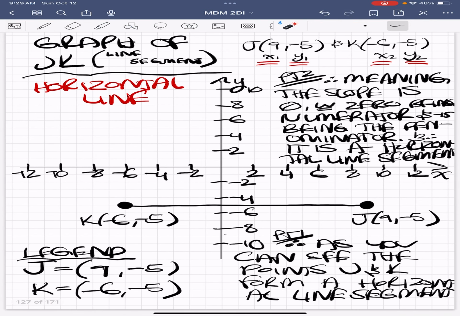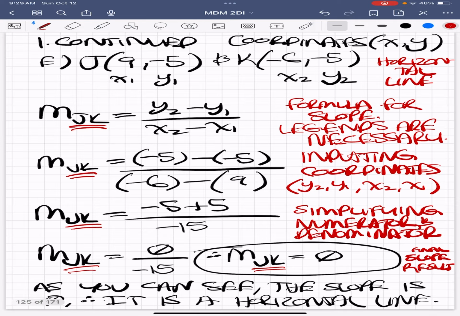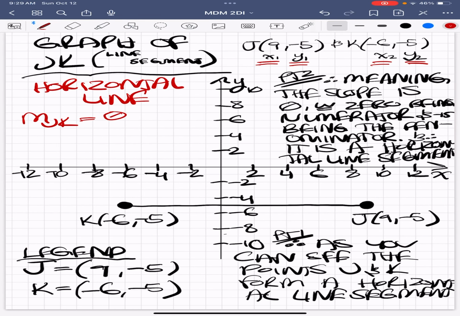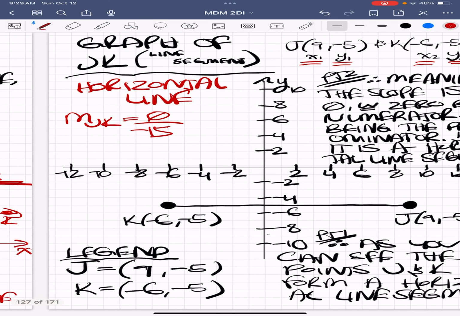So we have the graph of JK, and we have x1, y1, x2, y2. We have a horizontal line. We have our legend, and that's J, and that's K. And then we'll go to red. So we have m of JK, hold on. 0 over -15 equals 0.